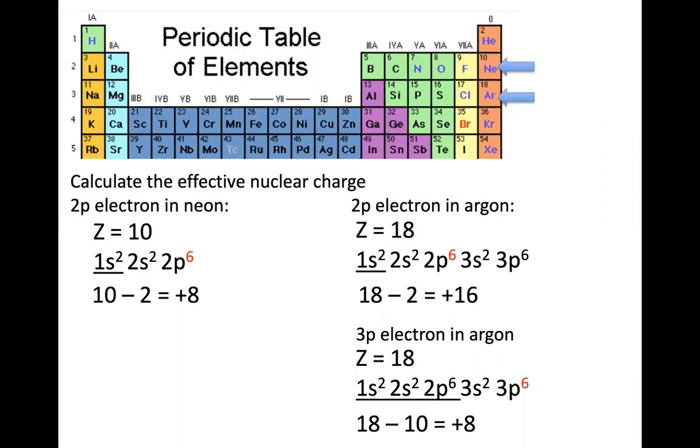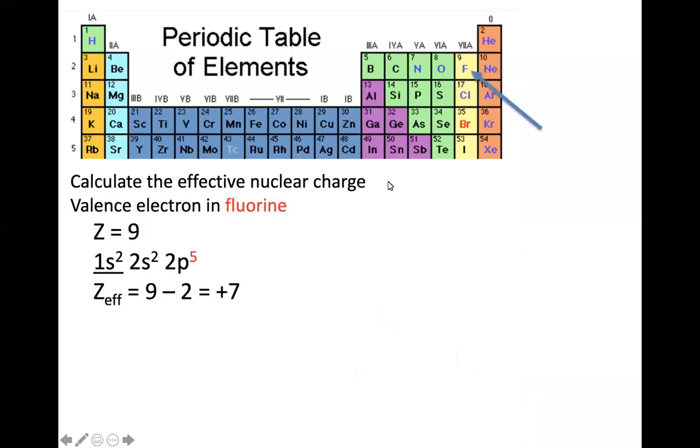We are going to see that that's true for the different columns that we look at. The different columns of the periodic table are going to be grouped based on the effective nuclear charge they're experiencing. To illustrate that, let's look at fluorine. I'll go down this column right here. See if this makes sense. Fluorine has a total of 9 protons.